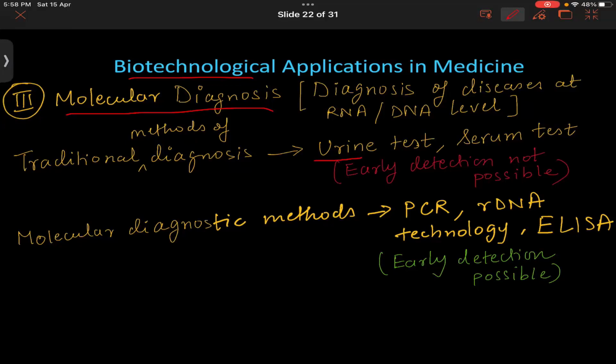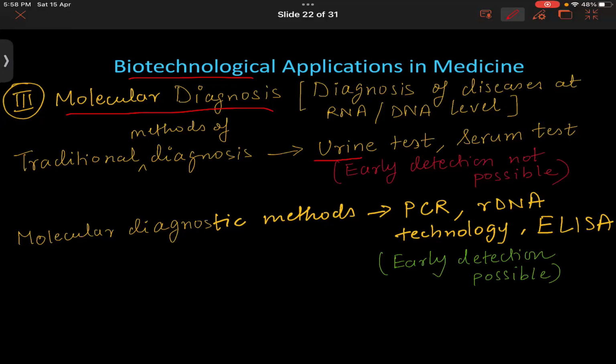But by the time a particular pathogen like bacteria or virus is able to secrete large amounts of foreign proteins in the blood and urine, it means that its number or its concentration has increased a lot in the body. Okay.